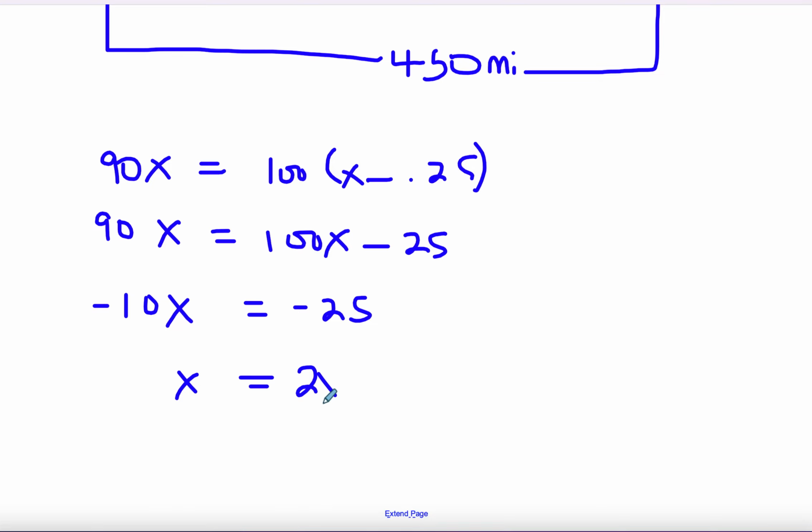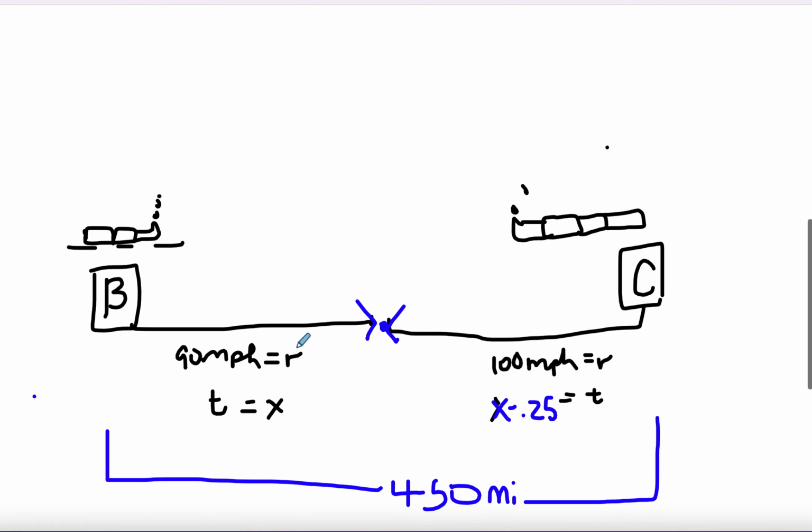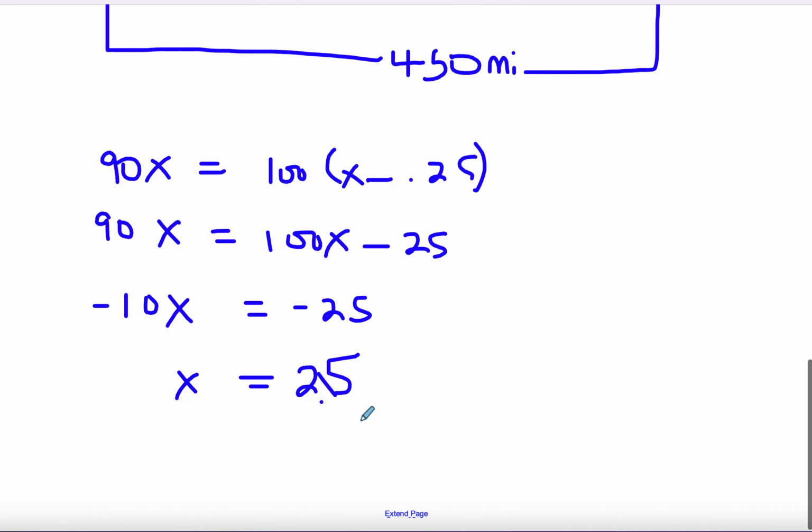So after 2.5 hours, wow, look at that 5. It's beautiful. The first train is traveling 2.5 hours. The second train is traveling x minus 0.25 or 2.25 hours.